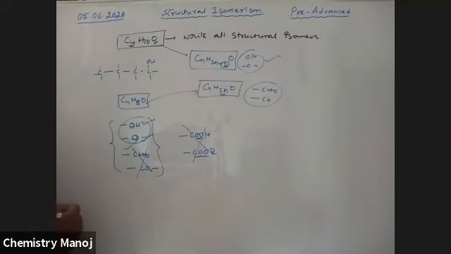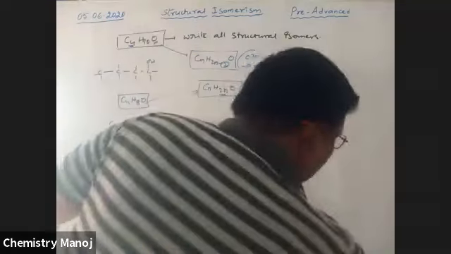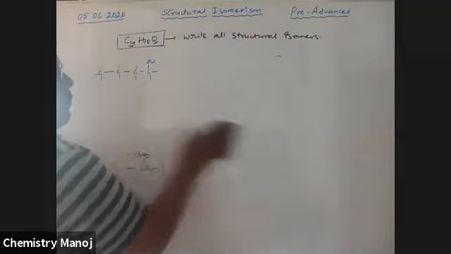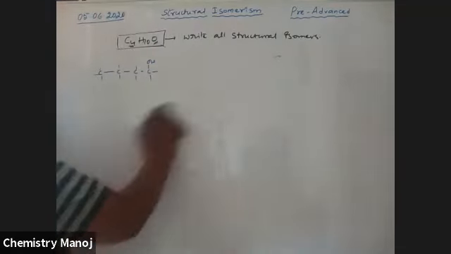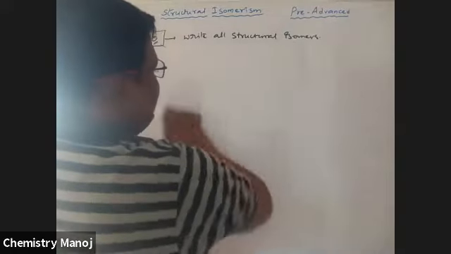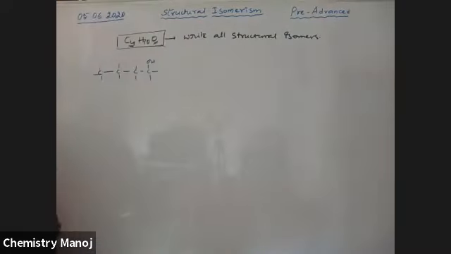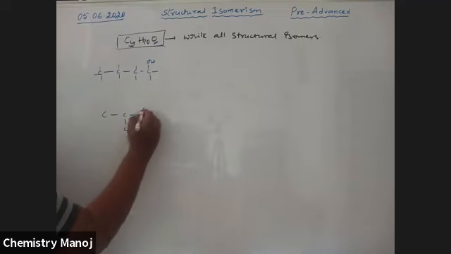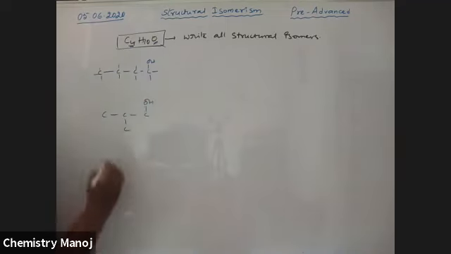Okay, so now our formula is C4H10O. So this is the long chain. Now I am writing the 4 carbon chain. Now a 3 carbon chain with OH. Here, 3 positions are the same, so I don't write them.